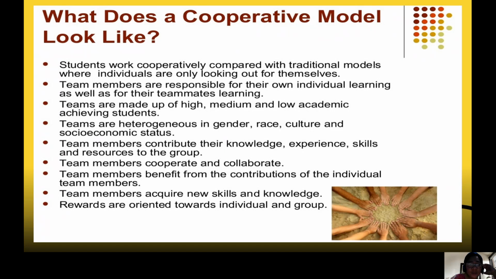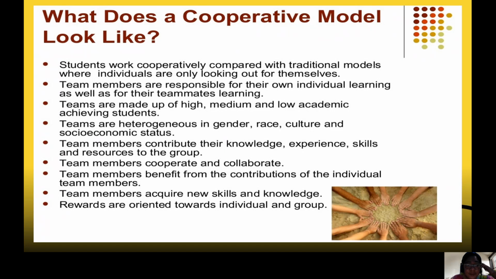Basically, this cooperative learning model should be a heterogeneous mixture of different students with different unique abilities, so that within their group they can share their different skills or knowledge about a certain task. It is heterogeneous in gender, race, culture, and socioeconomic status.